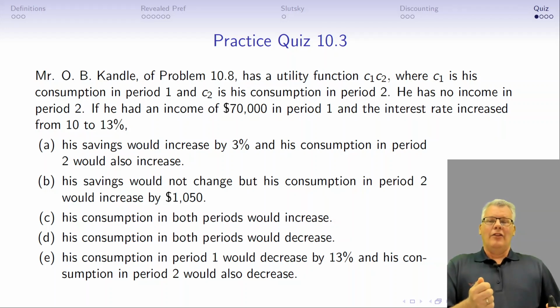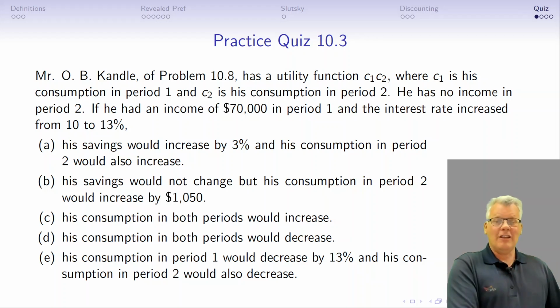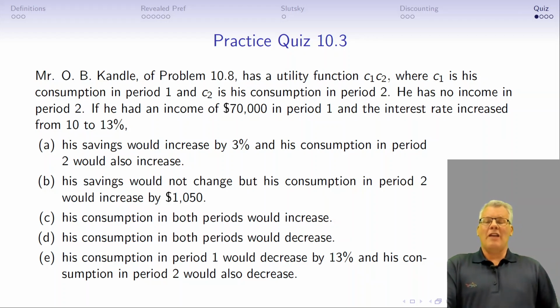So the $35,000 that he saves initially was invested at 10%. Now it's invested at 13%. So his time period 2 consumption goes up, but his time period 1 consumption, his income, his savings all stay the same.